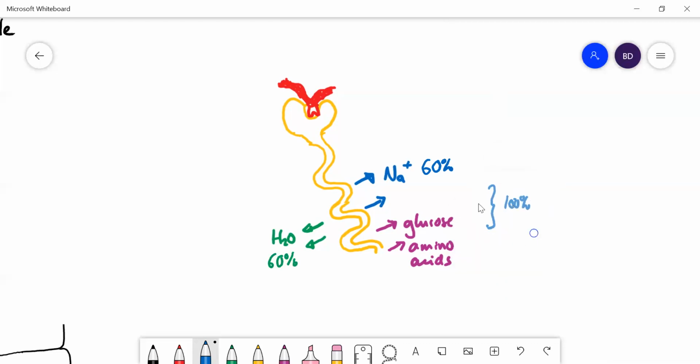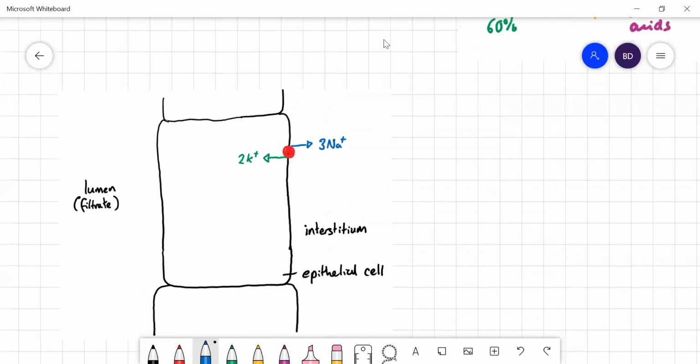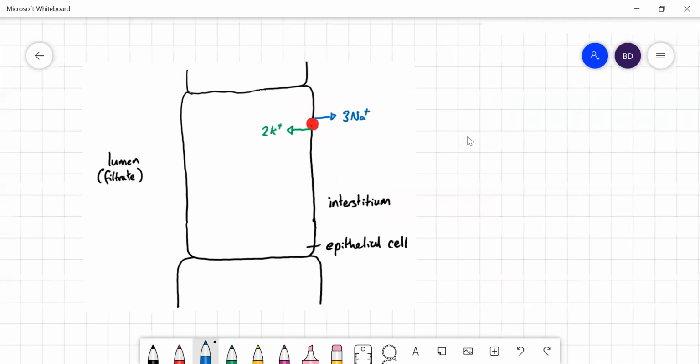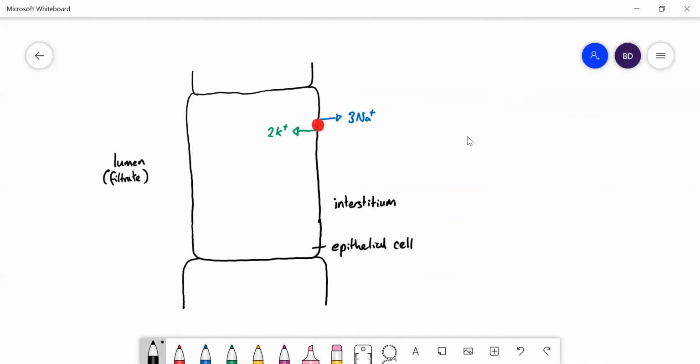Okay, so I just move this down here. What we've got here is an epithelial cell. We've got epithelial cells which line the kidney tubule, so the nephron. On this side is the filtrate, and here we've got the interstitium. There are more cells there, and of course somewhere over here you are going to have blood vessels, a capillary.